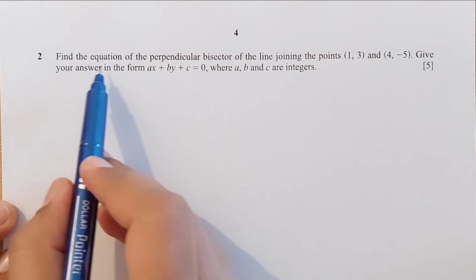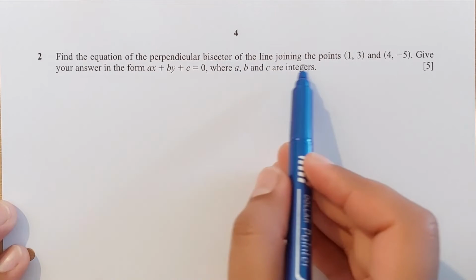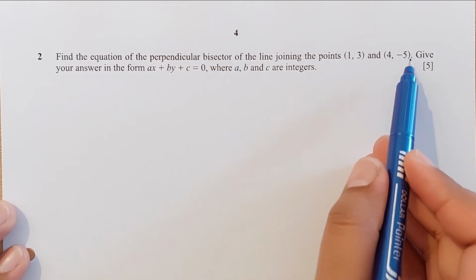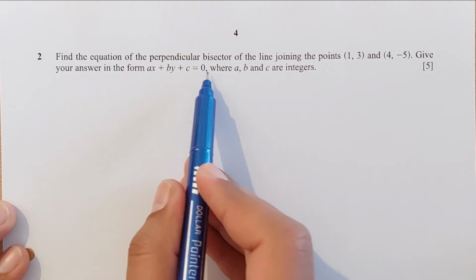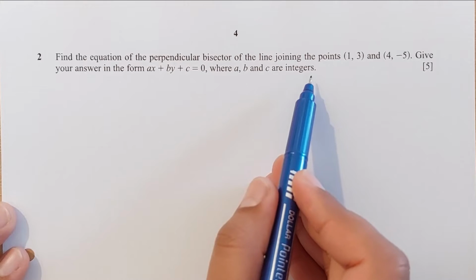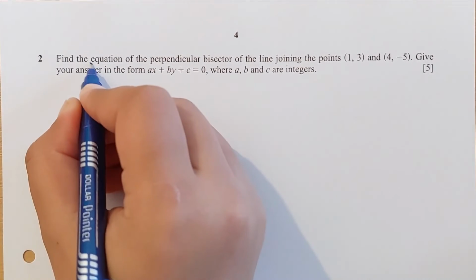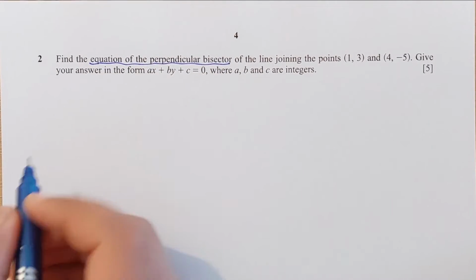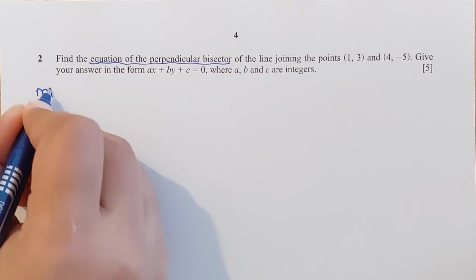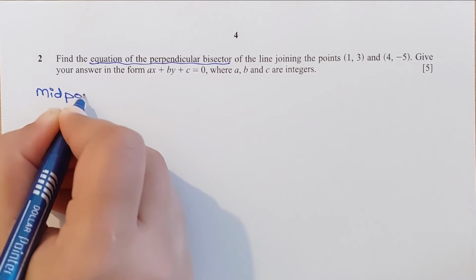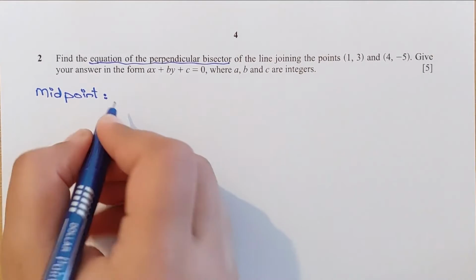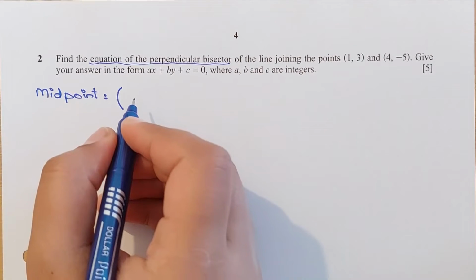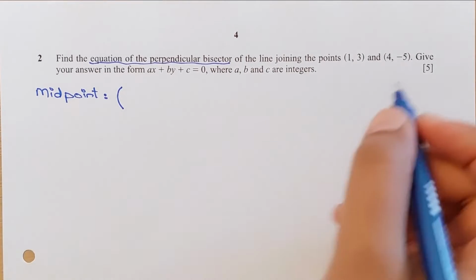Question number 2, find the equation of perpendicular bisector of a line joining the points (1, 3) and (4, minus 5). Give your answer in the form of ax plus by plus c equals to 0, where a, b and c are integers. Okay, now the equation of perpendicular bisector, the first thing we need is the midpoint. So finding the midpoint, we have the 2 points. So midpoint is (x1 plus x2) divides 2 and (y1 plus y2) divides 2.